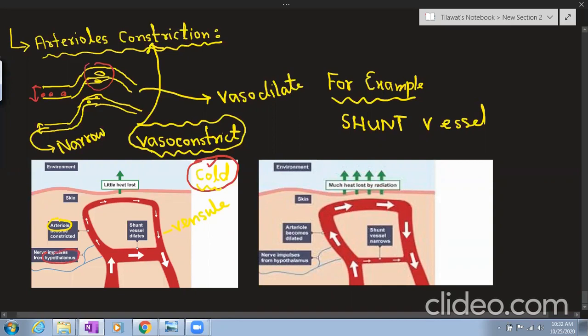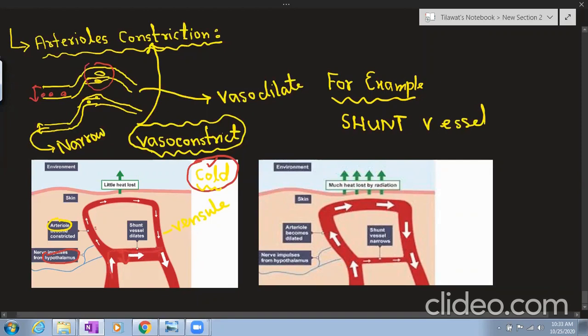The hypothalamus, a part of the brain, will send an impulse to this shunt vessel to become dilated. So the shunt vessel will become what? Dilated. And when the shunt vessel becomes dilated, more blood will move through that shunt vessel to the venule.